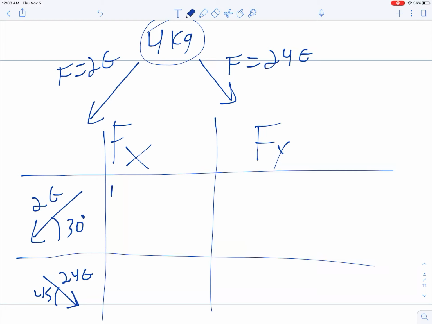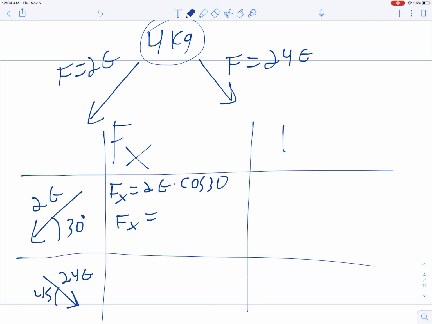So the x direction is the hypotenuse times cosine of 30.